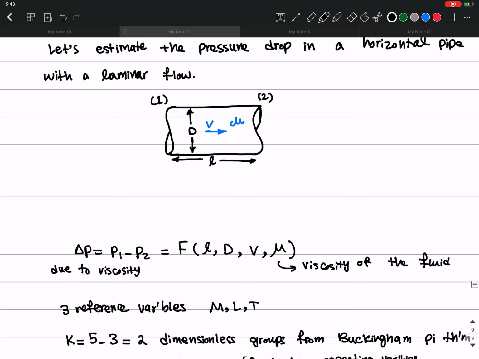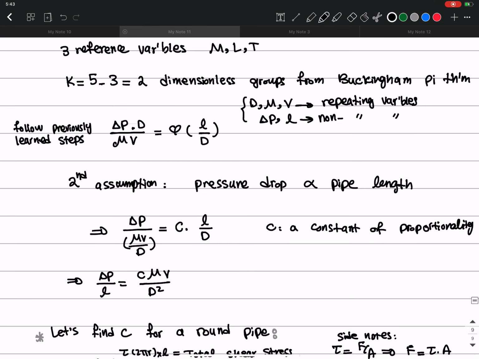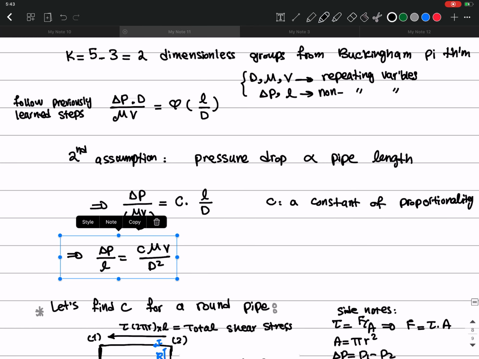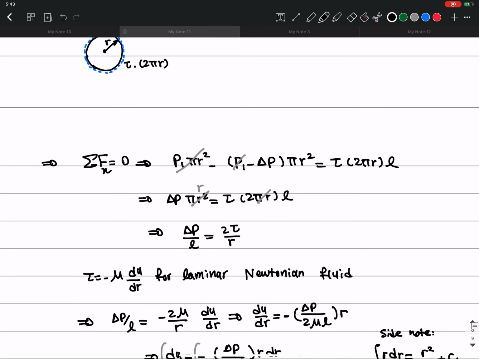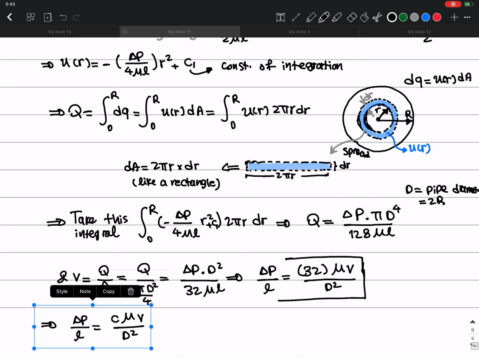Look at here what we got from the dimensional analysis. We got this formula. Let me copy it here so you can compare it. Very interesting. It's very similar to this one, and the only difference is we didn't know C, but here we were able to find C for a round pipe. By what?